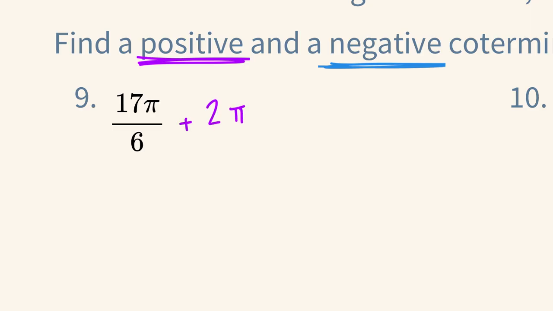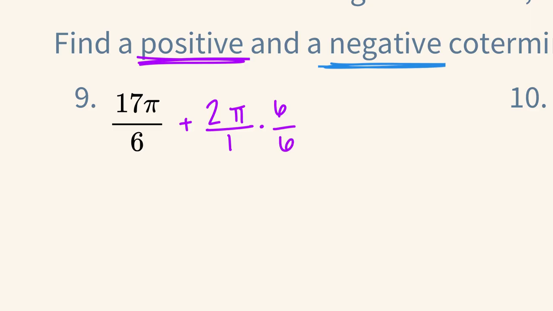What do I have to do when I'm adding a fraction? I put it over 1, but what else do I have to have when I'm adding fractions? I have to have a common denominator. So that means I have to multiply top and bottom by 6.